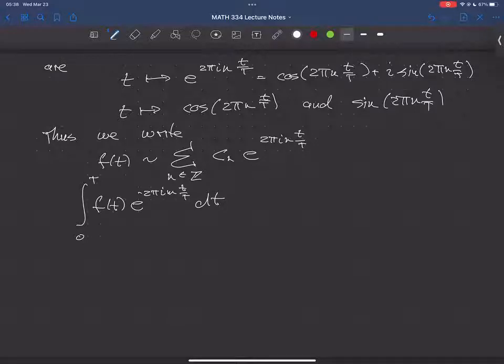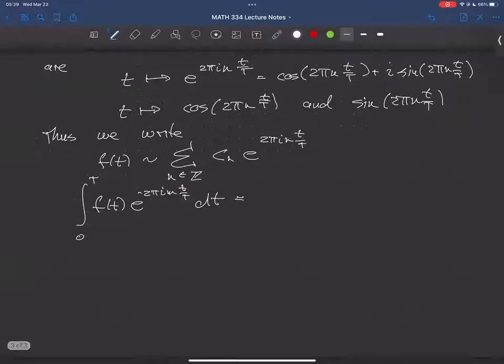Okay. And then I'll do the same thing here. And because I'm in fantasy land where I get to do whatever I want, I can take this product and move it inside the infinite sum, whose convergence I know nothing about.